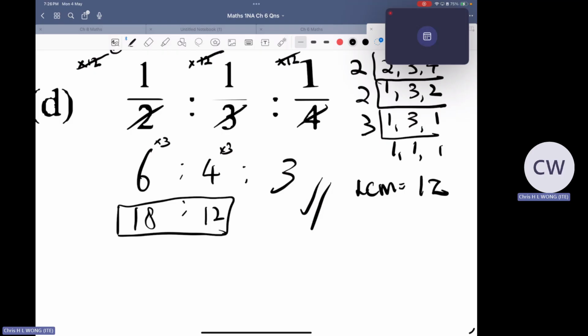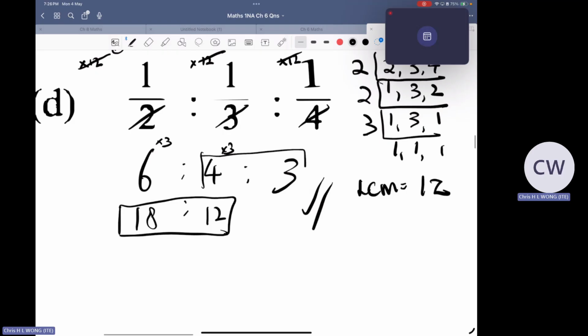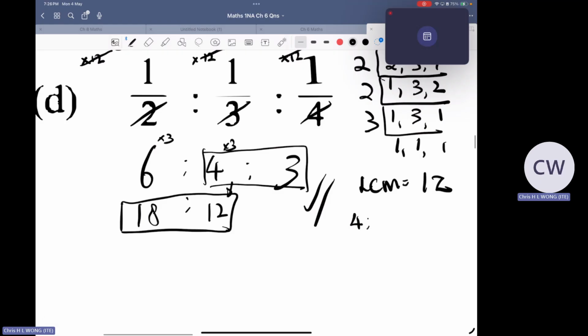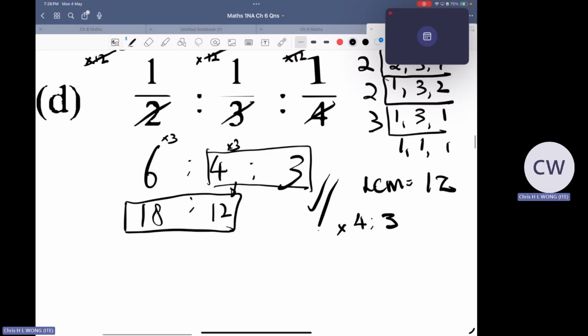But now I'm looking at the other numbers, 4, 3. I'm using the 4 as a common number to join them together. I've got to make 4 into 12. So if I have 4 is to 3, I want to make it into 12, same thing, I will times 3, times 3, right?